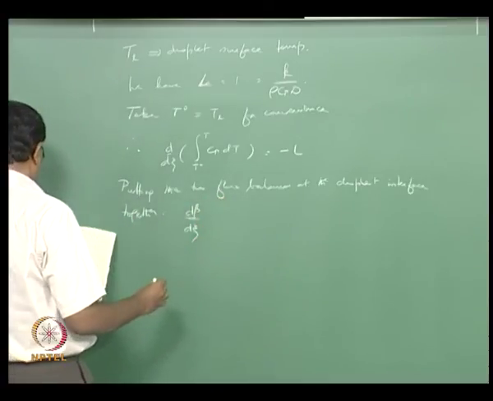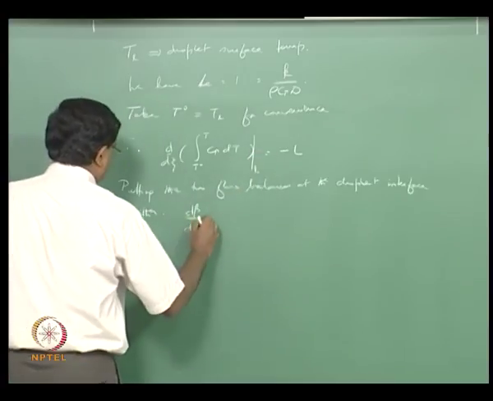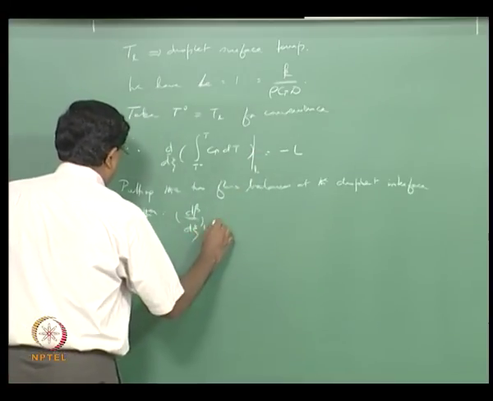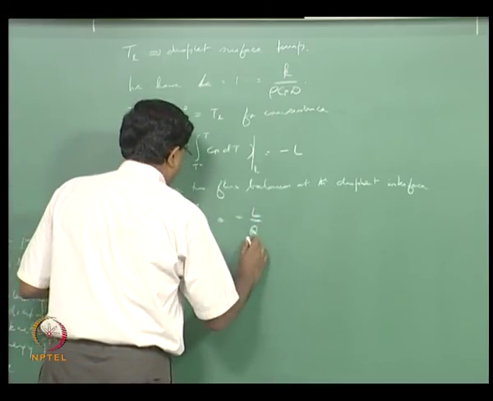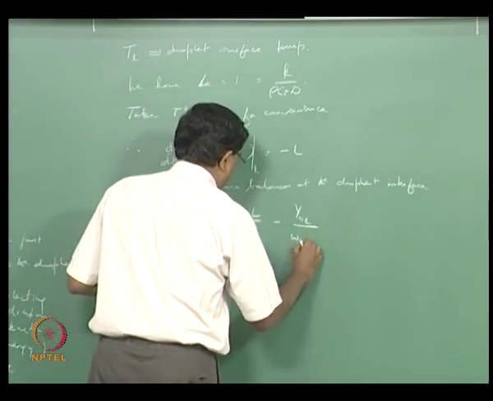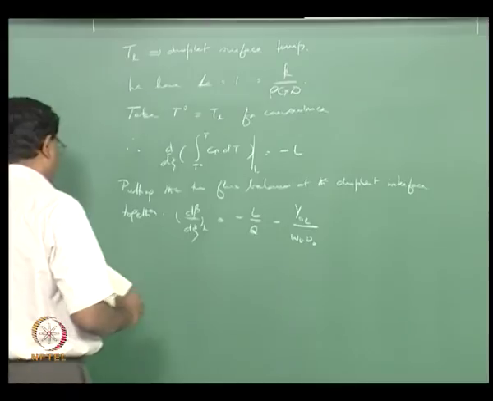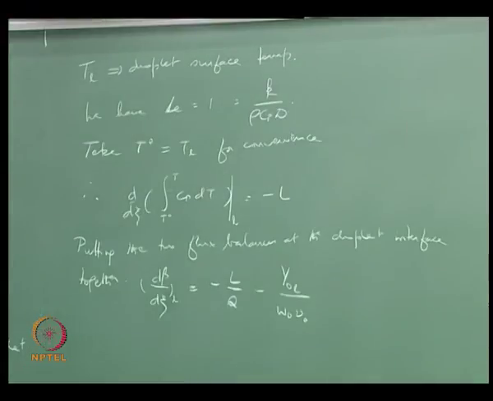Of course, I should go back and write this at L. So d beta by d psi at L equals minus L divided by Q minus YO L divided by WO nu O. All right. Now this is the interface condition.